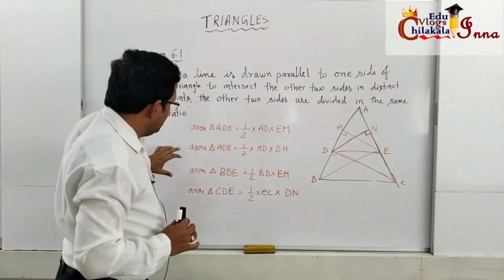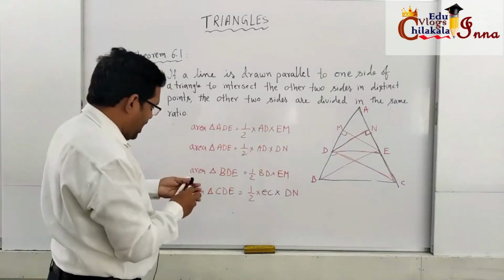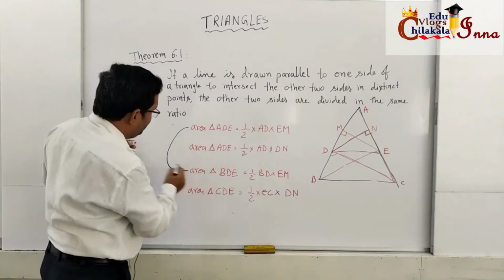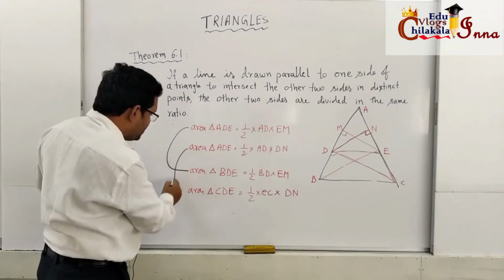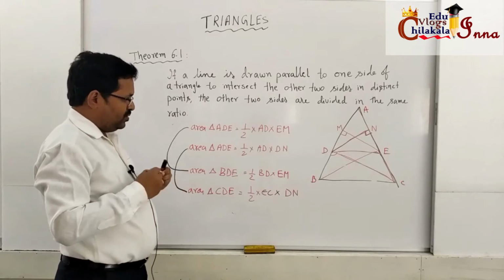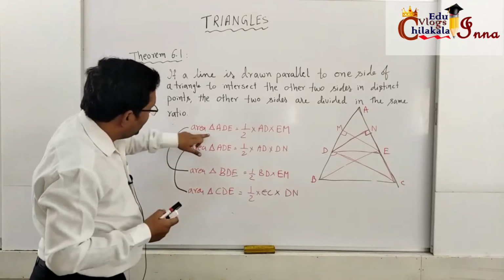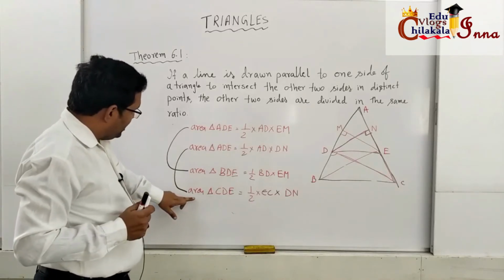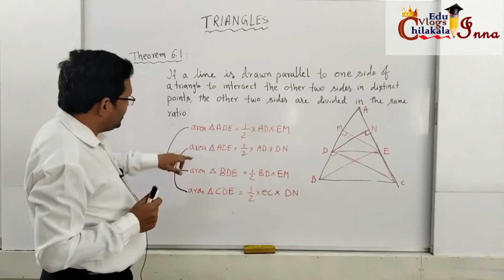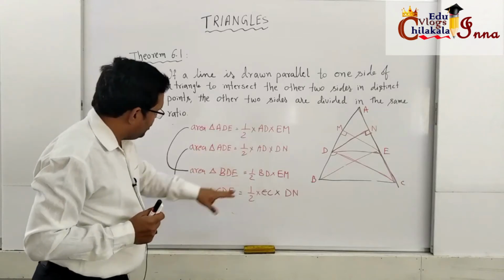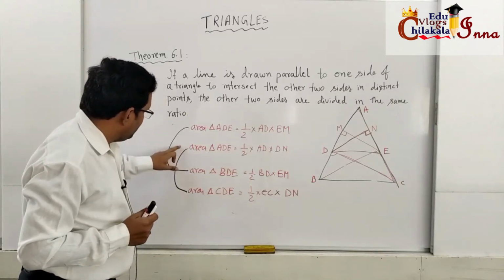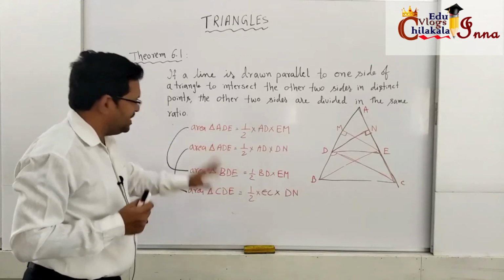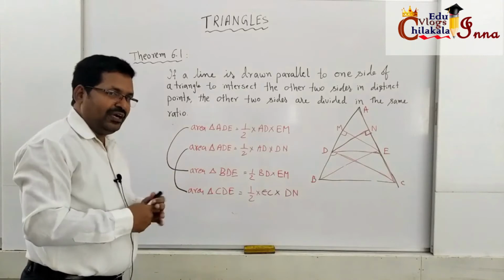I am going to take a ratio of these two and another ratio of these two: the area of triangle ADE by triangle BDE, and ADE by CDE. That's what I am going to take.